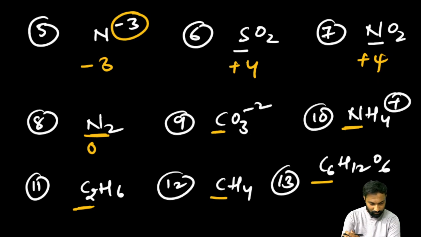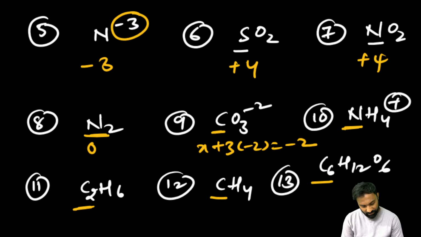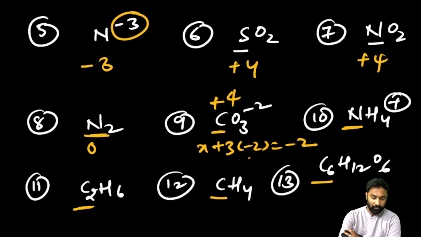Ninth one is x plus 3 minus 2, right? Here for carbon it is minus 6. Minus 6, if you send it to the right hand side, it will become plus 4. Yes, ninth one is plus 4.